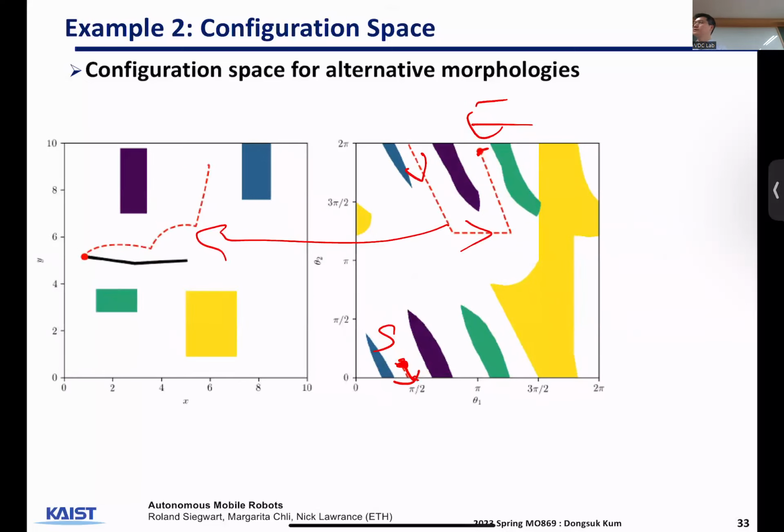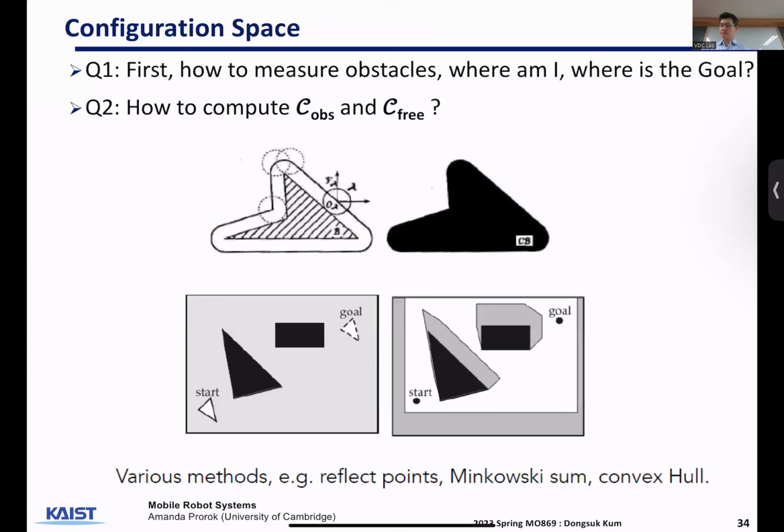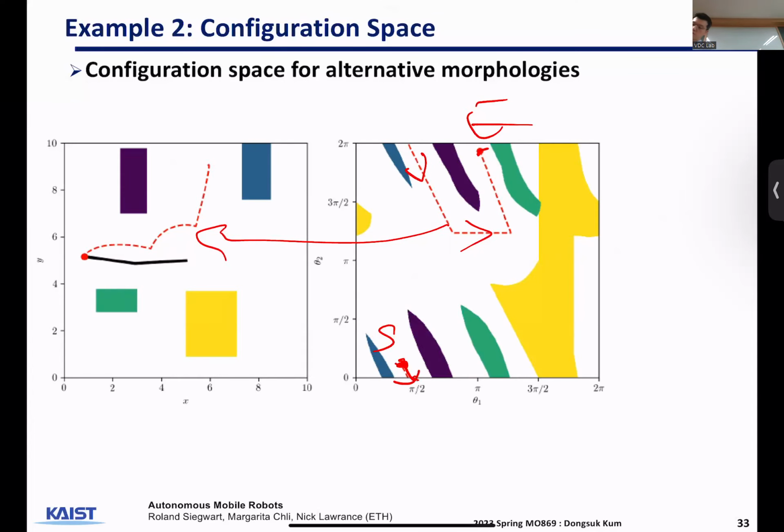So can you see the convenience of using configuration space? If you can use a good configuration space, you can make the problem much easier to solve, and you have to deal with transformation, space transformation, or coordinate transformation problems less.